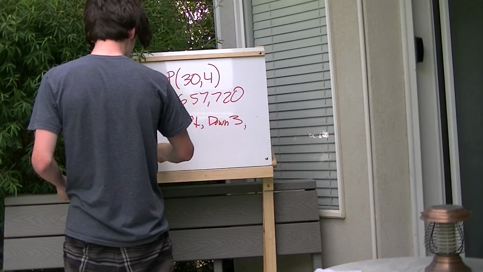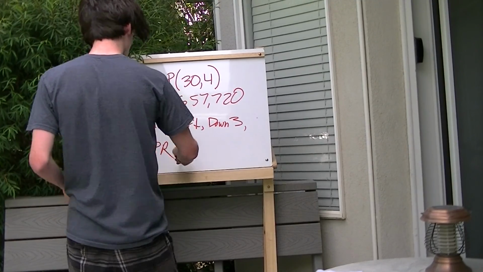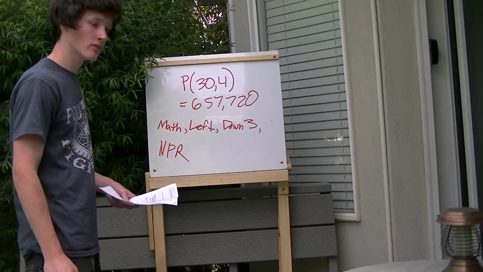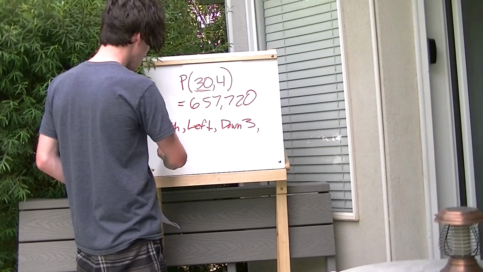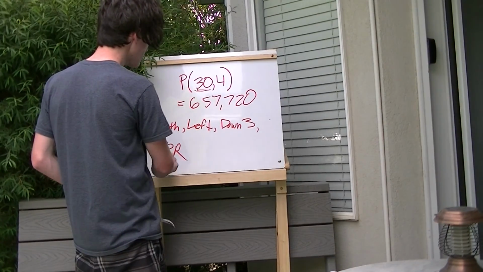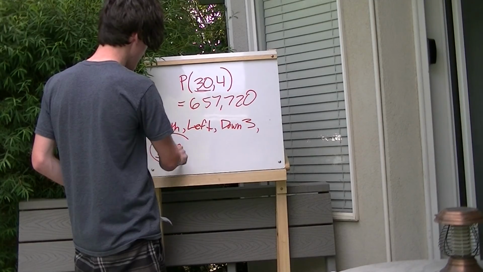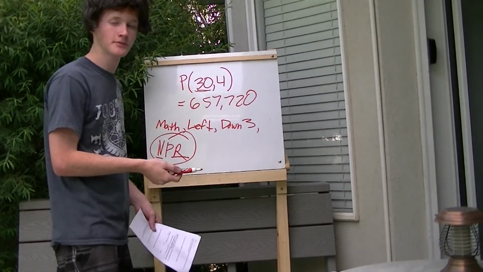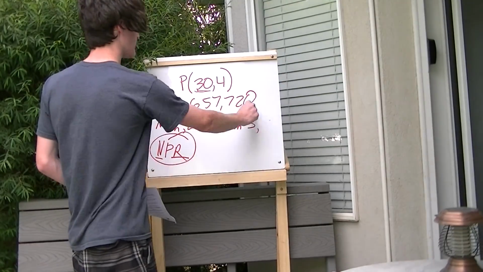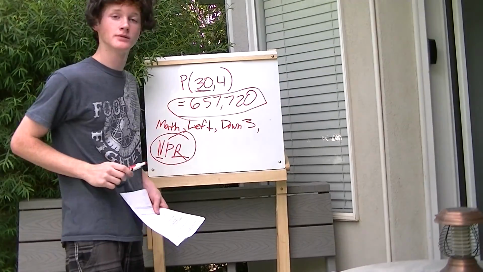It should say nPr. Choose that one. And what you would do is you type in this first number as n, then you would have this in the middle, and then have 4 as r. And that should give you this big number.